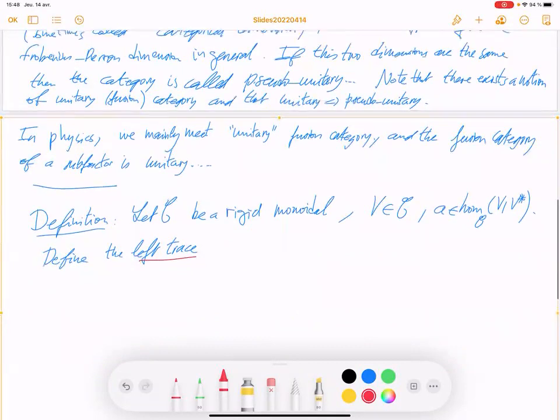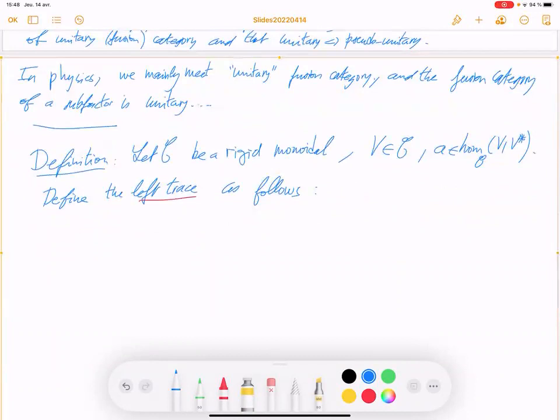So, what is the left trace? The left trace is defined as follows. I will provide a purely categorical algebraic definition, and then we will give a pictorial one, as usual, for the intuition.